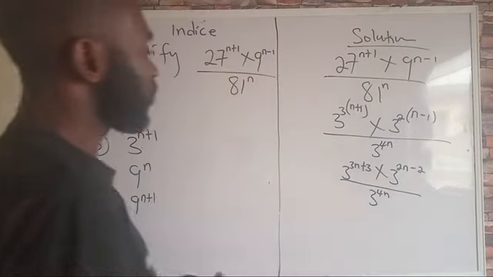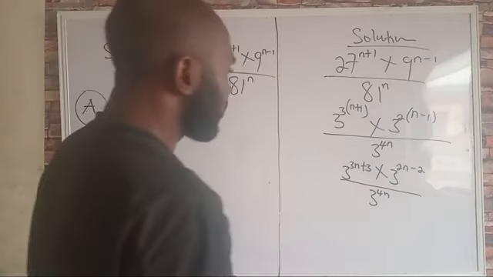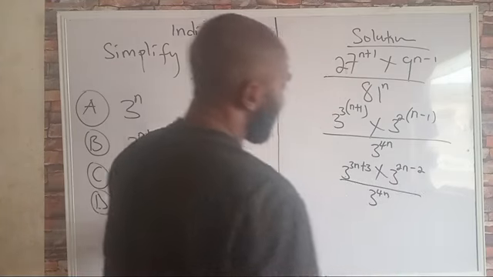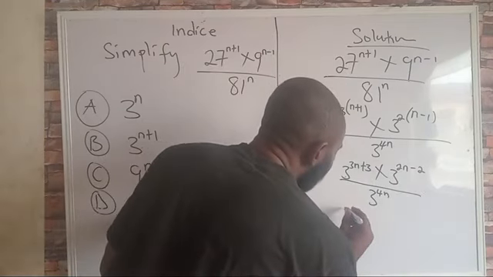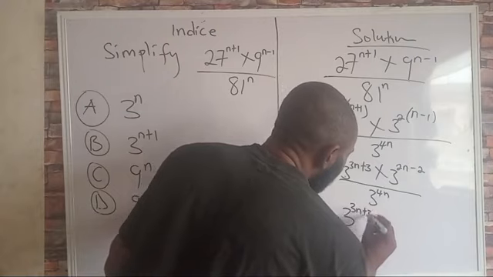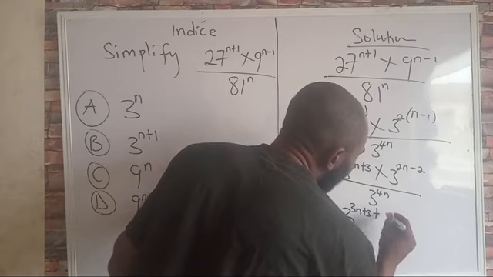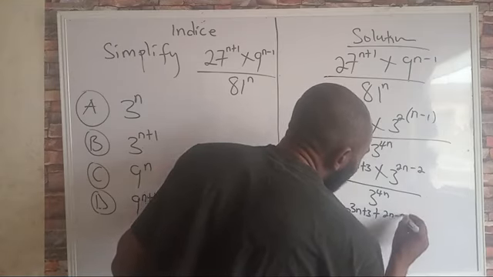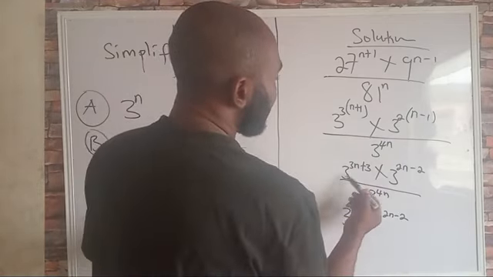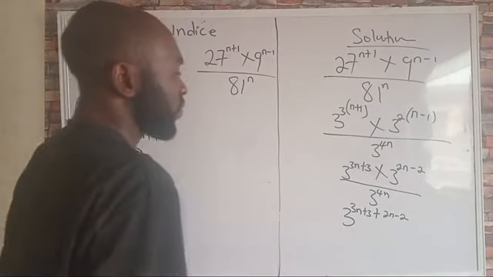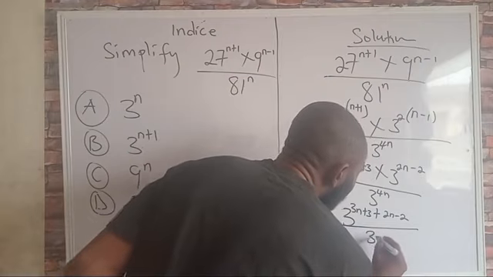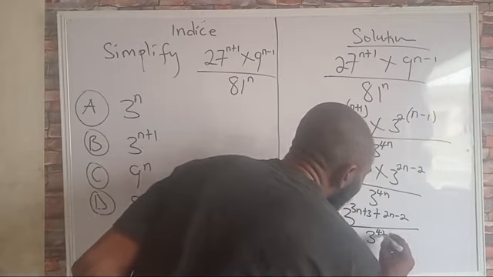As I explained before, when the bases are the same, add the powers. So I will now say 3 raised to the power of 3n plus 3 plus 2n minus 2, because the base here is the same, I will keep the base and add my powers, divided by 3 raised to the power of 4n.